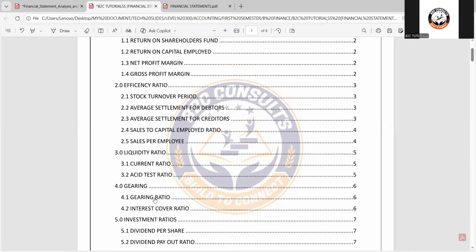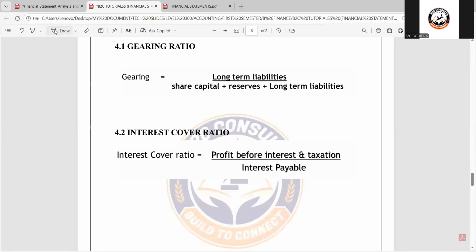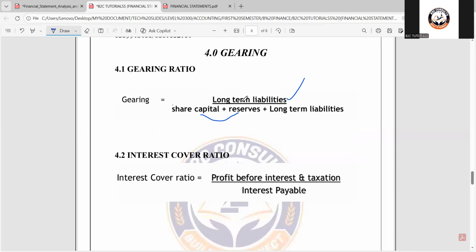So the gearing ratio says that the long-term debt that we have is divided by what belongs to the owners plus the debt. The one on top is called the numerator, and the one beneath it is called the denominator.